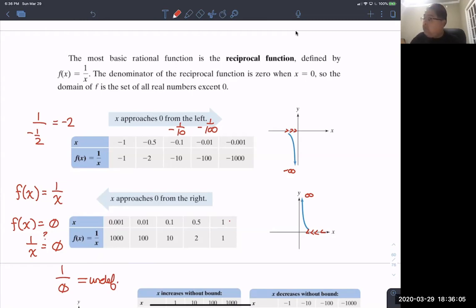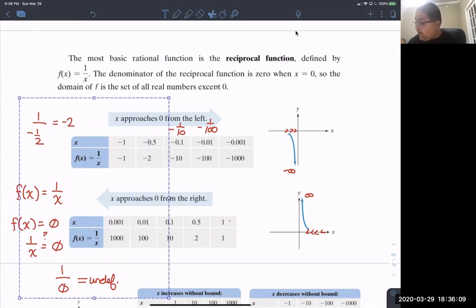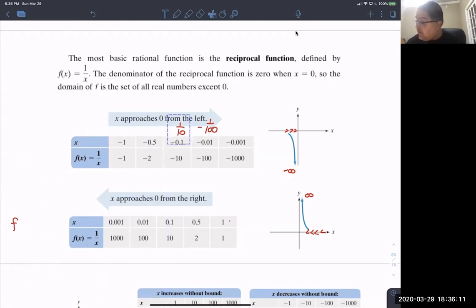But there's a problem with that. And you can see that depending on which way I'm approaching 0 on my coordinate plane, my value for f of x is going in two different directions. So as x is approaching 0 from the left, as in the upper diagram, f of x, my output, is getting more and more negative, so negative infinity.